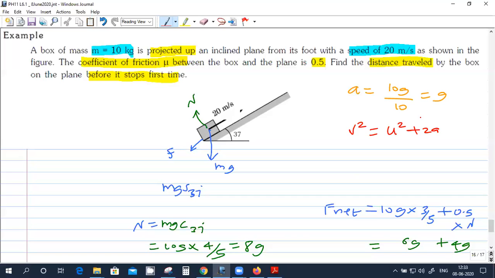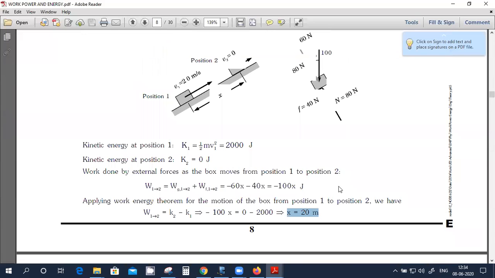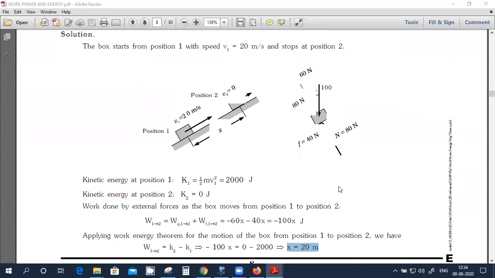Here acceleration is actually minus and v is 0. U square is 20 square minus 2 into G into S. This is 20 meters. Got it?